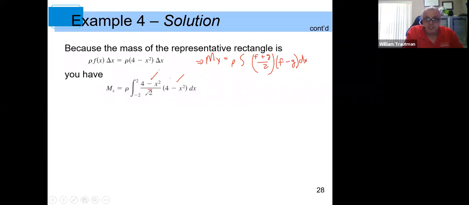I'm going to take this 2 out over here. When I take that 2 out, I get 1/2 times the density. And I'm left with 4 minus x squared times 4 minus x squared.